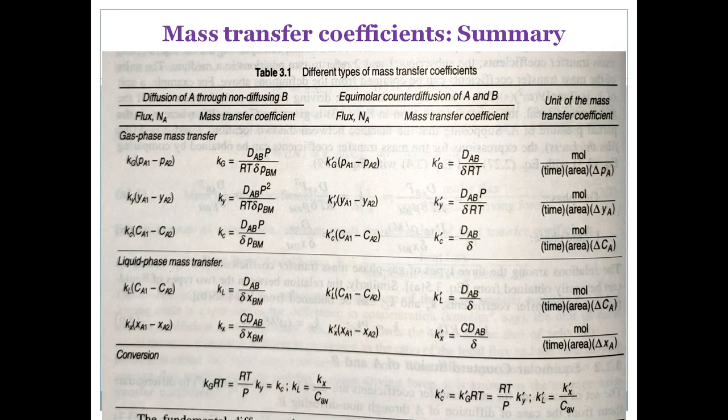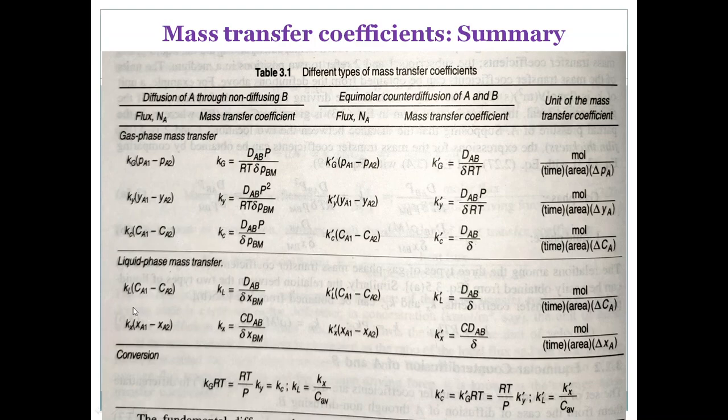In lecture 9 we calculated different types of mass transfer coefficients, and this was the summary set. Diffusion of A through non-diffusing B, then the gas phase mass transfer coefficient, Kg with partial pressure Pa1 minus Pa2, then Ky with Ya1 minus Ya2, and Kc with Ca1 minus Ca2.